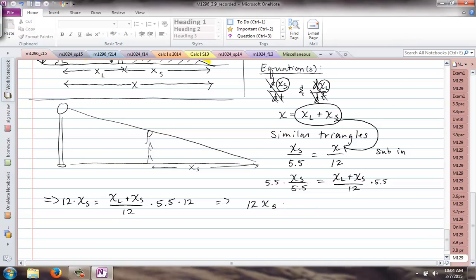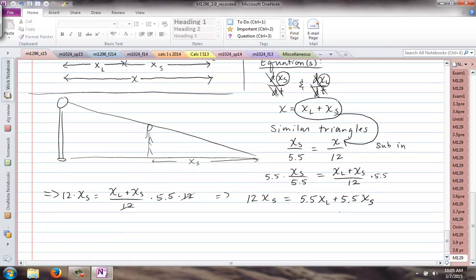So 12 x sub s is equal to, and then the 12s will cancel here. So I'll have, after distributing the 5.5, on the right hand side, 5.5 x sub l plus 5.5 x sub s. So now I can go ahead and get the x sub s terms on both sides.